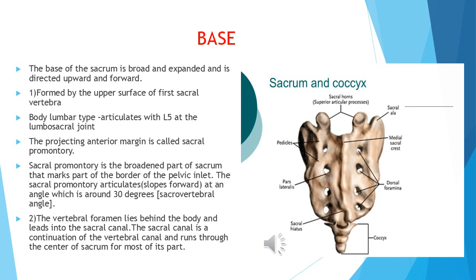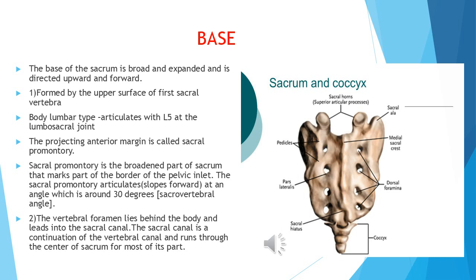So we are going to the base of the sacrum. As you know now, the sacrum is inverted triangular shaped with the base above and a narrow apex. The base of the sacrum is broad and expanded and is directed upward and forward. You know that the sacrum is formed by the fusion of five sacral vertebrae.